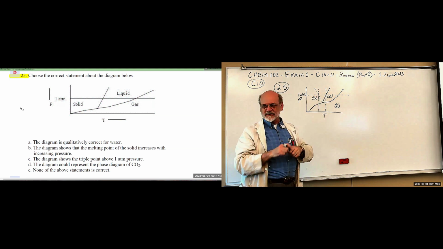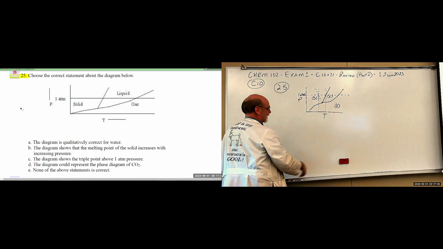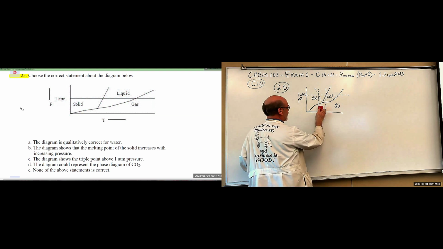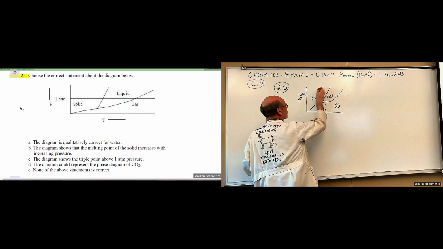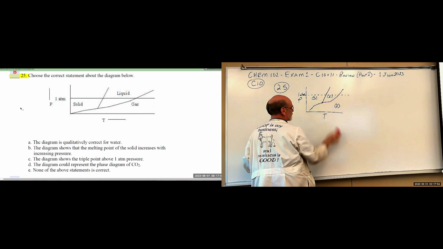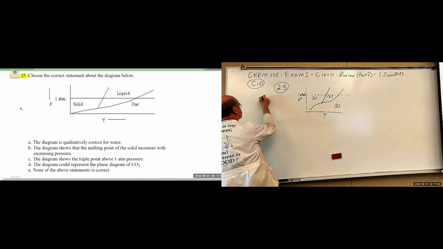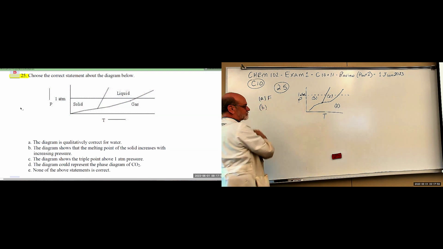I don't hear any objections or questions. Are you just taking it on faith? Yeah, that's okay. All right, so A is false. Let me remove some of this confusion here. All right, so A is false. That's not water.